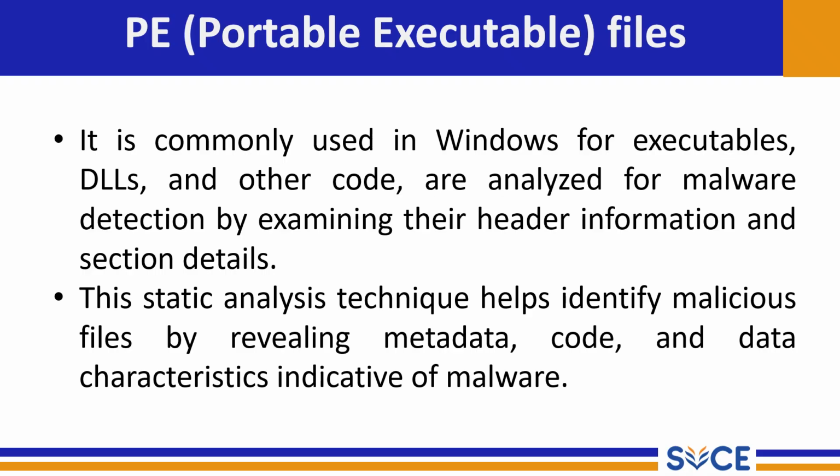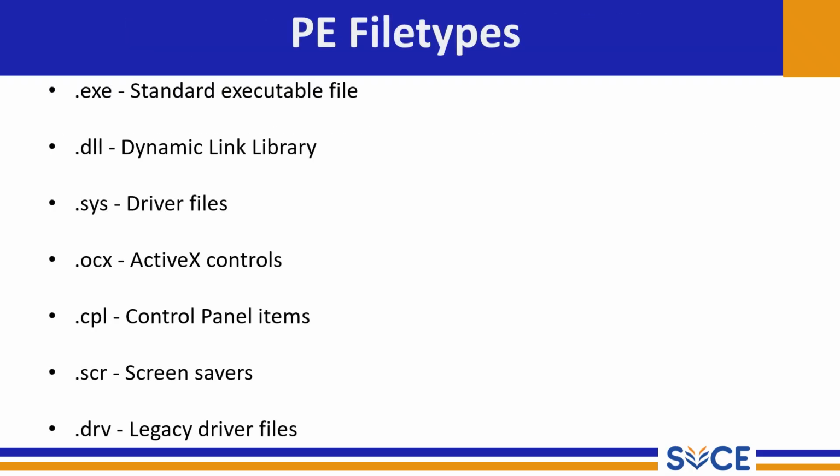Now let us see what PE file types are available. The first one, .exe, we all know, is a standard executable file, programs that can be directly executed by the operating system. The second one is DLL, the dynamic link library file, which is a shared library that contains the code and data used by multiple programs.